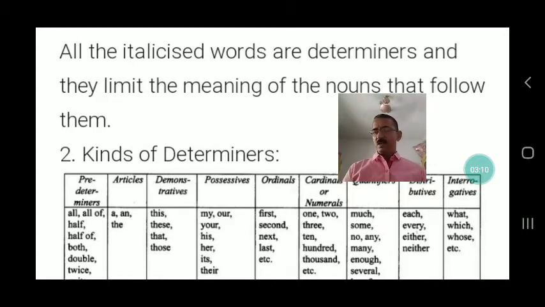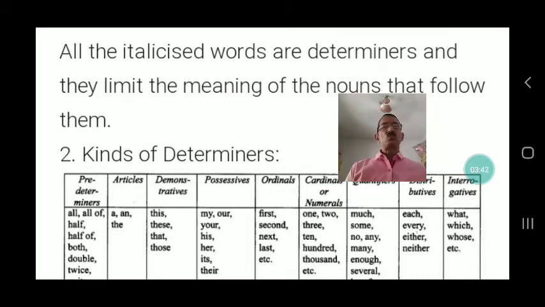Adjectives describe a noun, but determiners point it out. As in tall tree and this tree: a tall tree describes the noun tree, and this tree points it out.